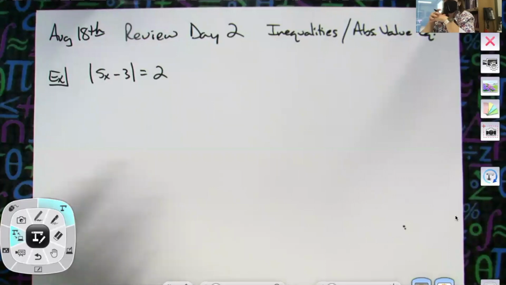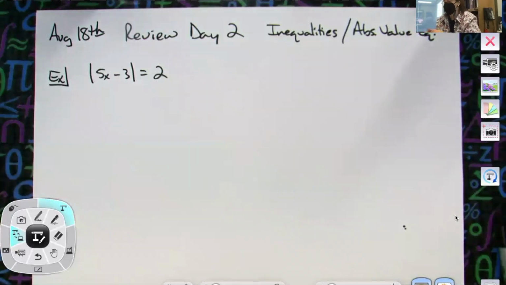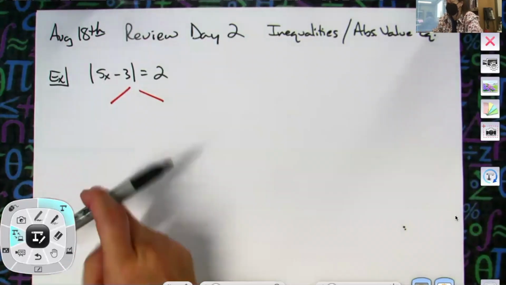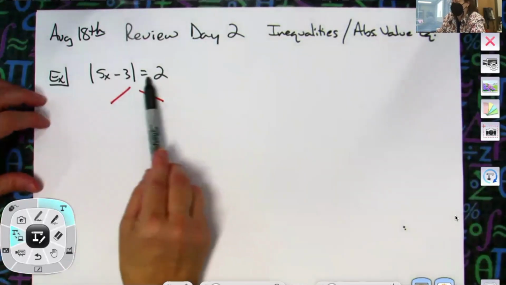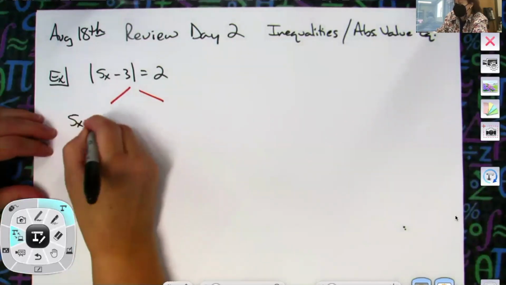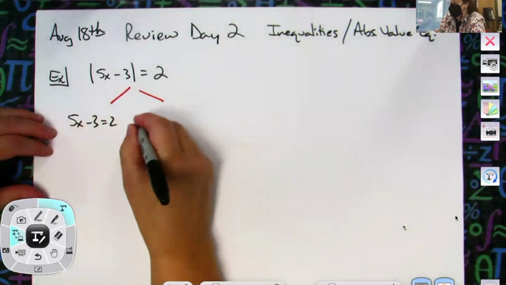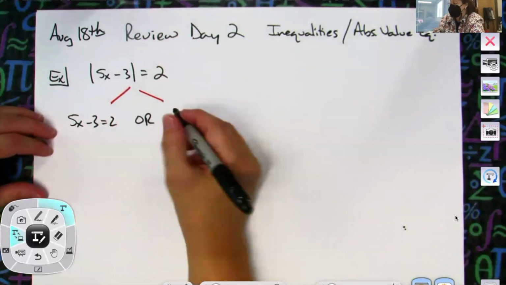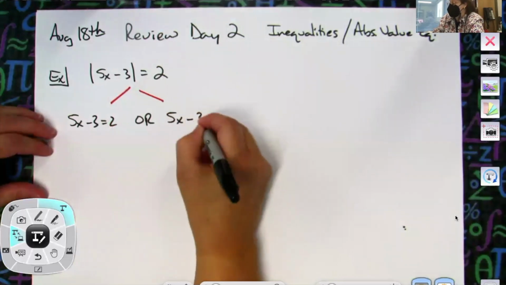Yeah, absolute value equations, you've got to break up into 2. I always do the first equation by just dropping the absolute value bars and keeping everything the same. So I do 5x minus 3 equals 2. It is going to be an OR. Then I take the opposite of whatever is on the right-hand side. So 5x minus 3 equals negative 2.